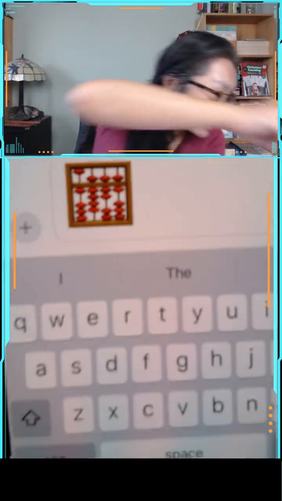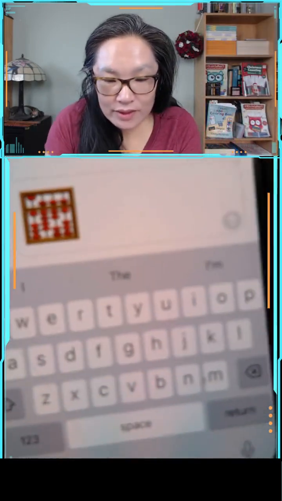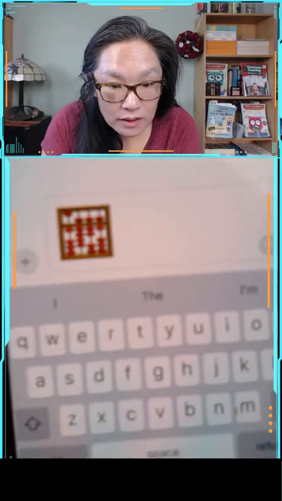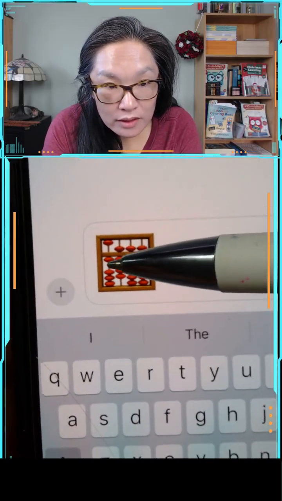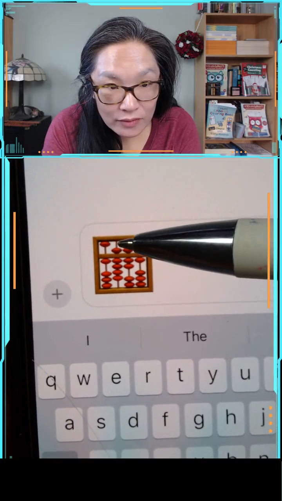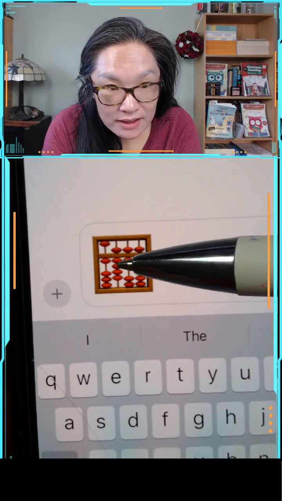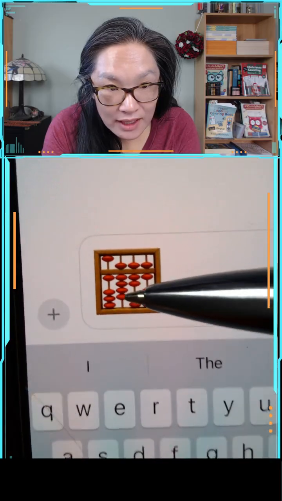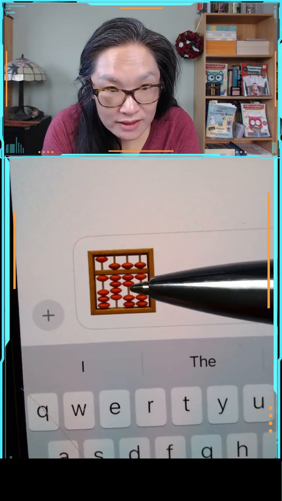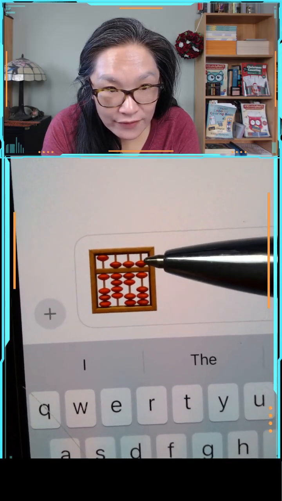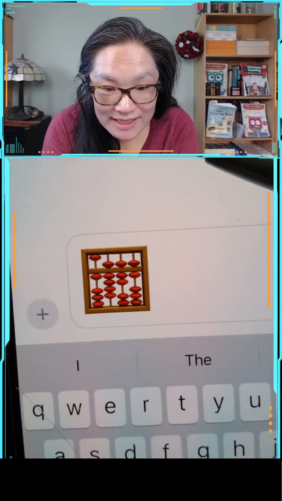So that top bead tells you that it's counted. So we have 1, 9, right? 5, 6, 7, 8, 9, and then we have 7, 5, 6, 7, and then we have 6, 5, and then 6. 1976.